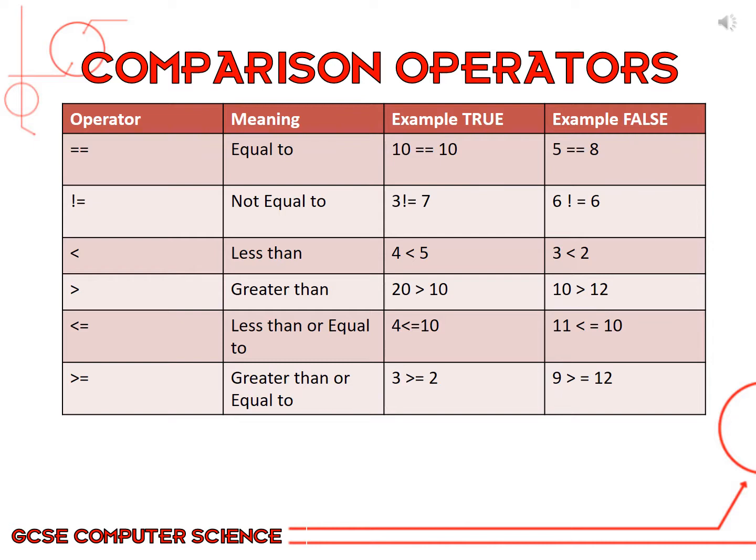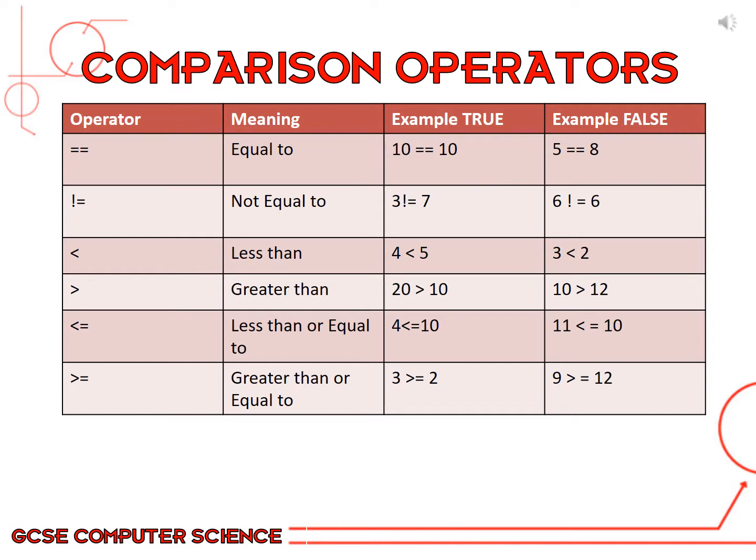The double equal sign is checking whether something is equal to. So it's used to check something. So for example, if you want a true Boolean output, then you would say 10 is equal to 10. That would equate to true. If you say 5 is equal to 8, it isn't, so you get a false as your output.